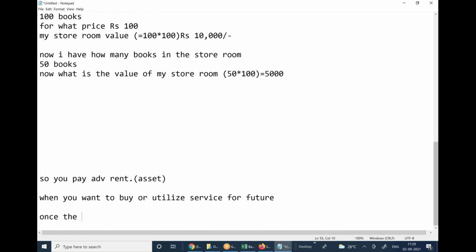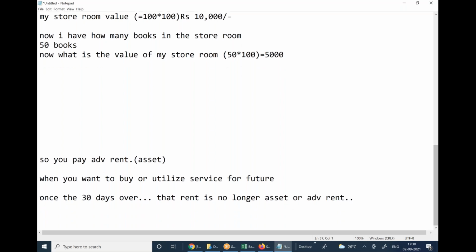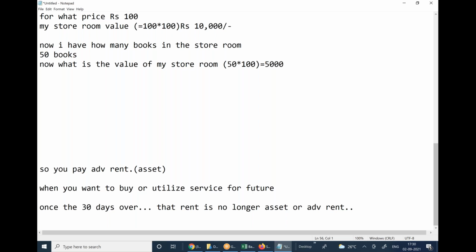Once the 30 days are over, that rent is no longer an asset or advance rent. It's no longer advance, right? It's no longer future because all 30 days are past.